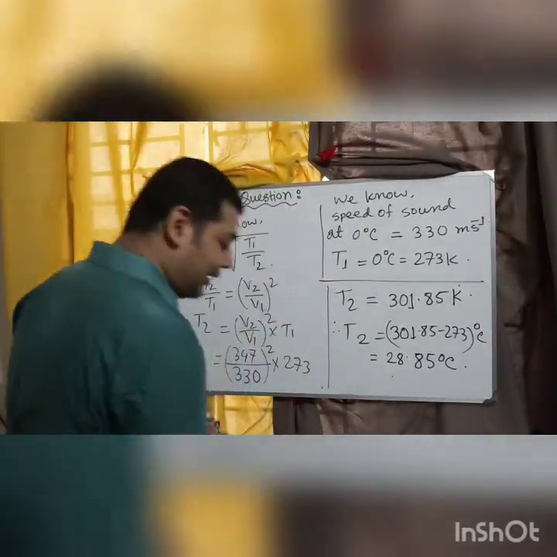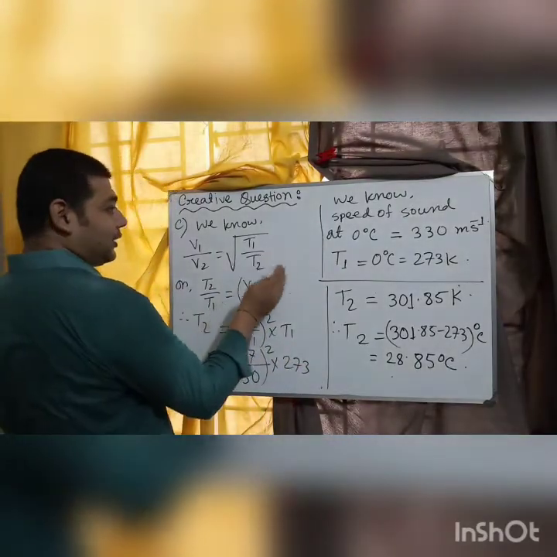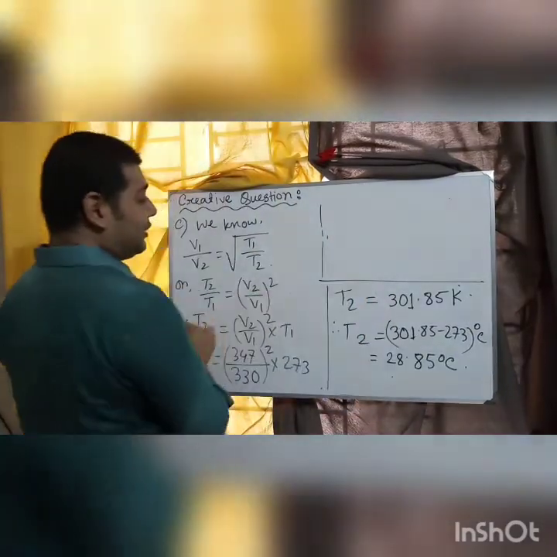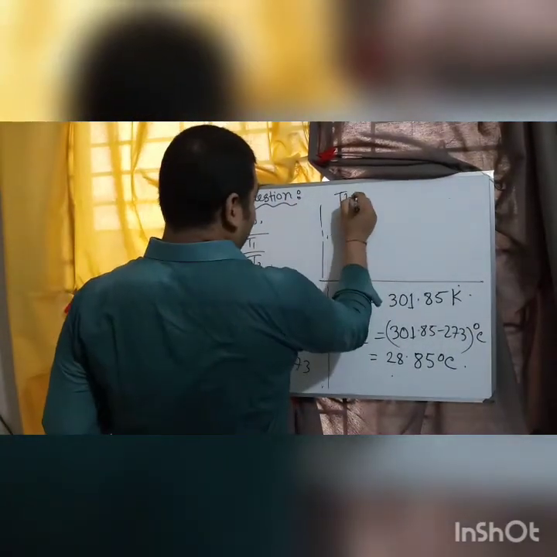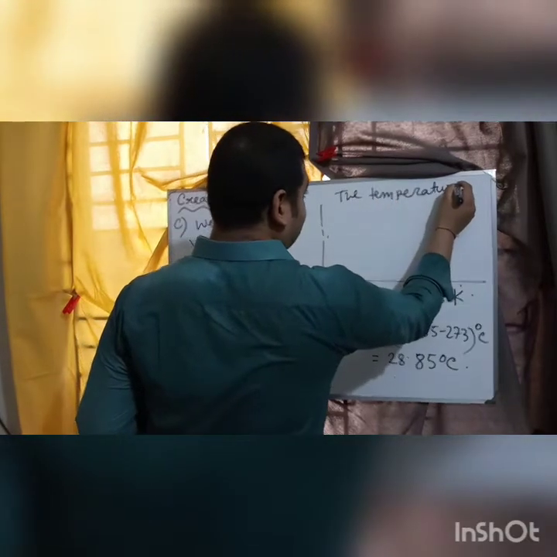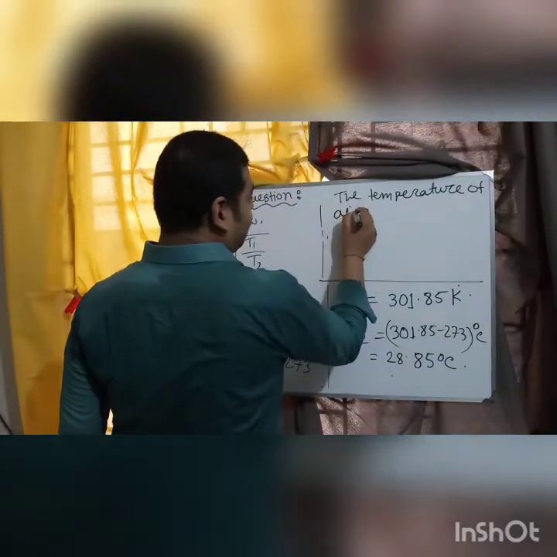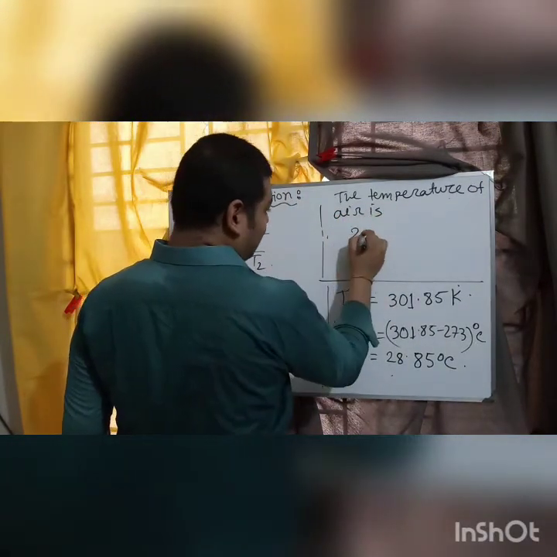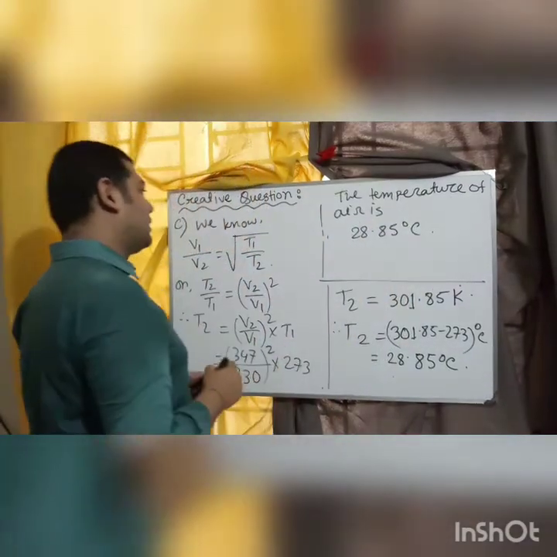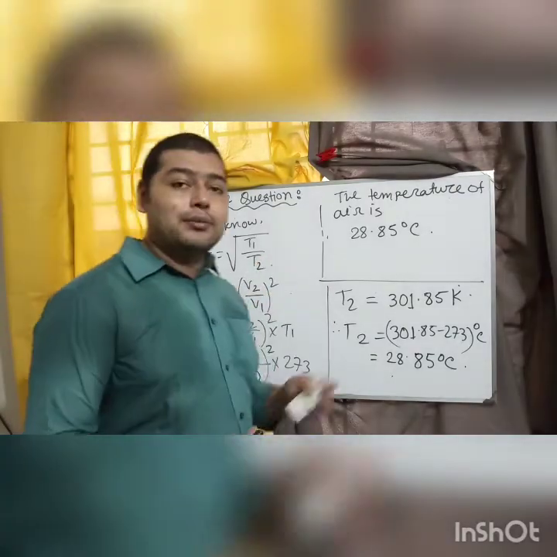So we can write, the temperature of air is 28.85 degrees Celsius. Okay, so this is our answer for question number C.